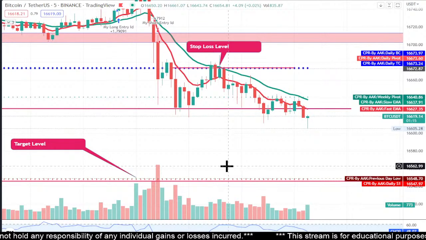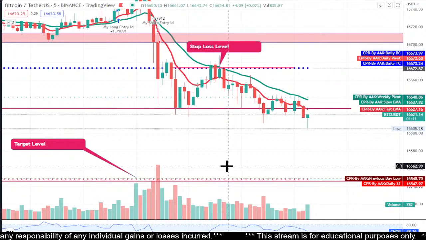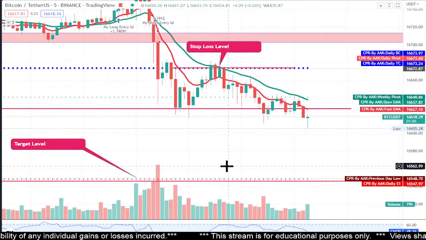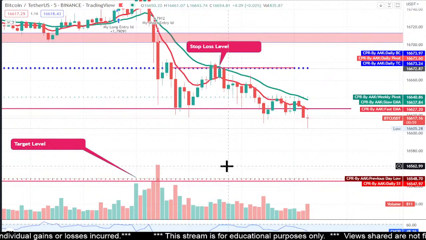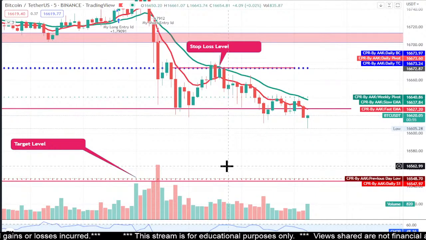It seems like today the market is showing us the importance of a trending 8 EMA and the importance of retesting the levels, because after every one or two candles it goes and retests the level, which makes the movement slow, which is fine, and it keeps on giving the trending move.